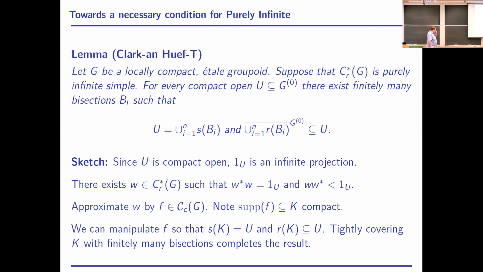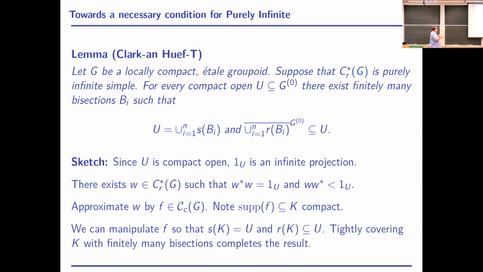But just as a sketch of how this works, U is compact open. The characteristic function on U, 1_U, is then an infinite projection because C star R of G is purely infinite simple. And so we have some W in the reduced C star algebra that gives us W*W = 1_U and WW* something less than 1_U.